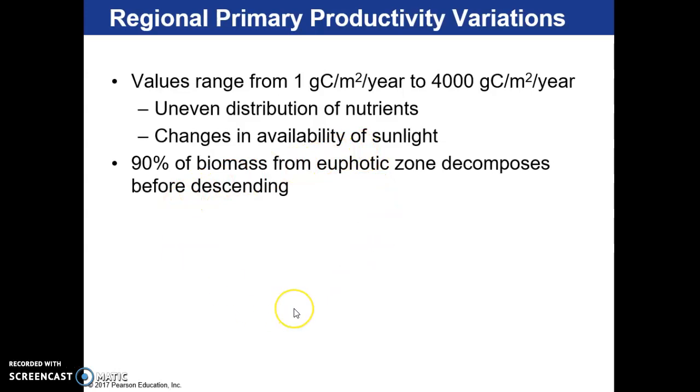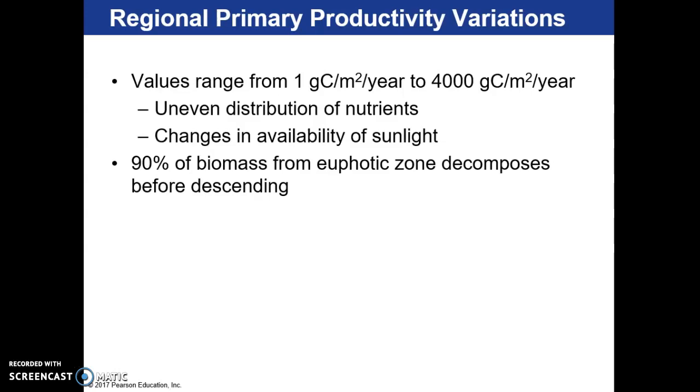90% of the biomass from the euphotic zone decomposes before descending. And so that also plays into our organisms that are detritus feeders, because you are not having that photosynthetic food source. So if 90% of your photosynthetic food source decomposes before descending, then that isn't part of your food source.